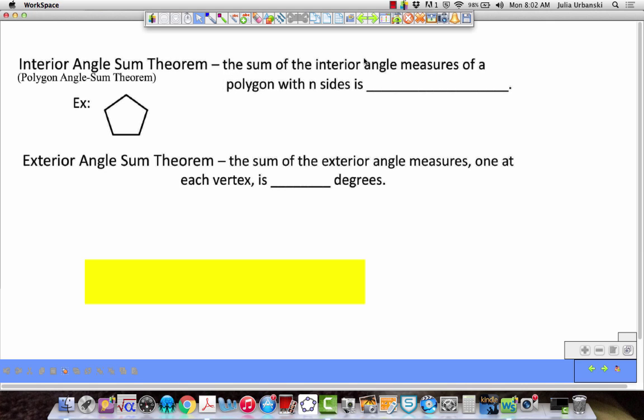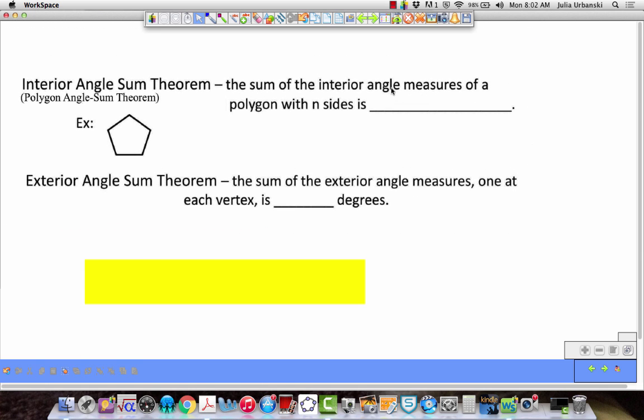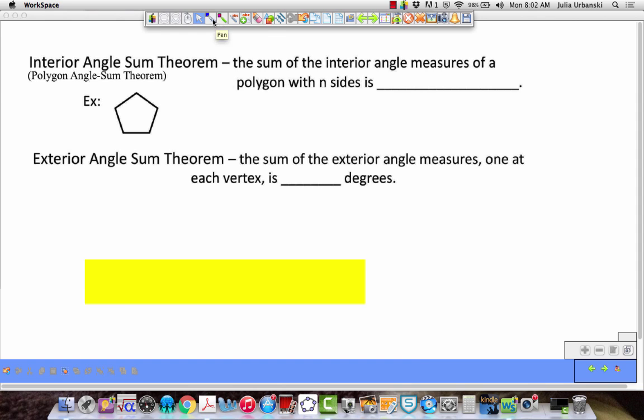The sum of the interior angle measures of a polygon, any polygon, with n sides is (n minus 2) times 180. 180 degrees, the sum of a triangle, and then you multiply it by 2 less than the number of sides. n stands for the number of sides. That's right here with n sides.